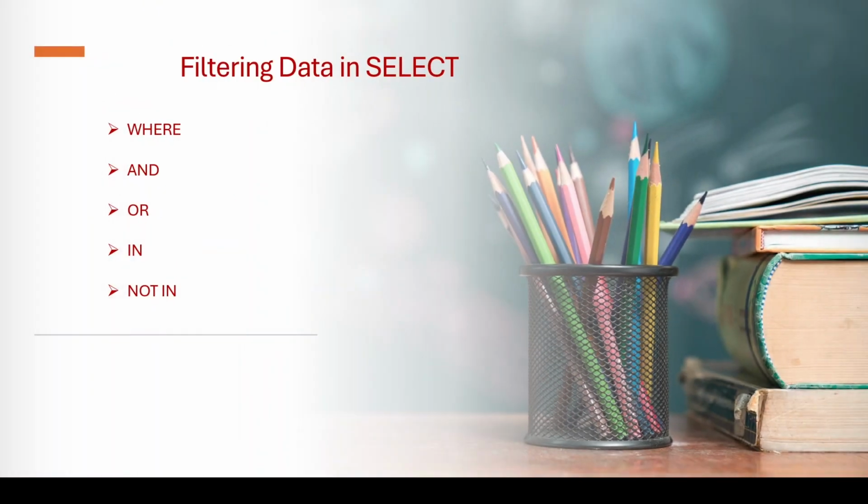Similarly, we have one more operator called OR. The OR operator is used when we want data that matches either of multiple conditions. What AND does is, when we write multiple conditions using AND, it looks for the records that matched all of the conditions we gave.